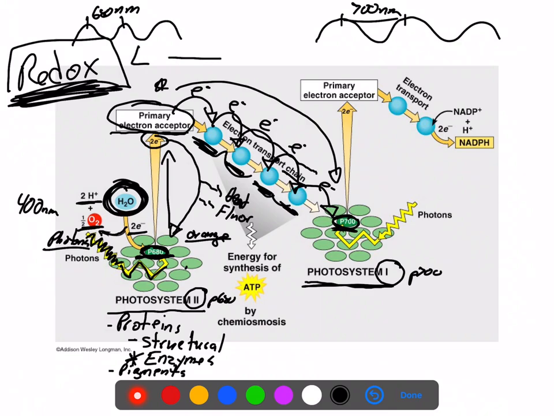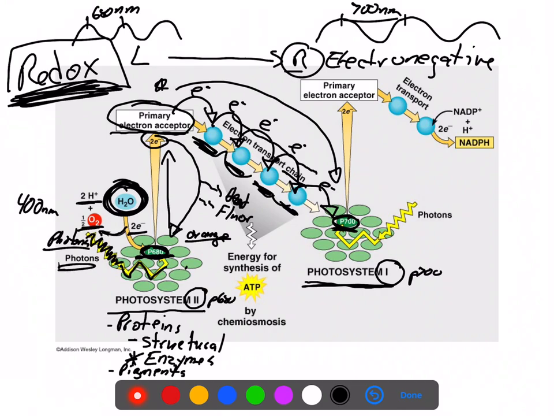Okay, let's review material from chapter 2. Why does the electron move from left towards the right? It must be that the right side is more electronegative. Okay, so let's stay on this idea. The role of sunlight, the role of photons, is simple. Excite the electron.